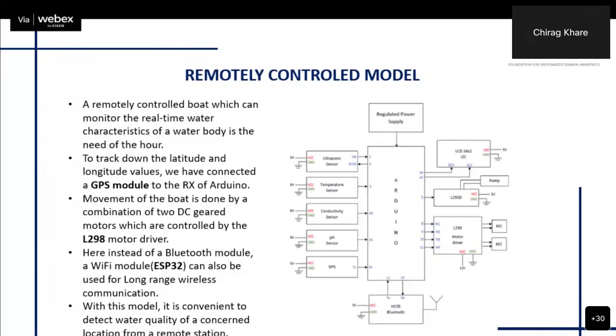And movement of the boat is done by a combination of two DC geared motors, which are controlled by the L298 motor driver. Here, due to vast areas that we have to cover, we can make use of Wi-Fi module instead of a Bluetooth module. And with this model, it is convenient to detect water quality of a concerned location from a remote station at real time.